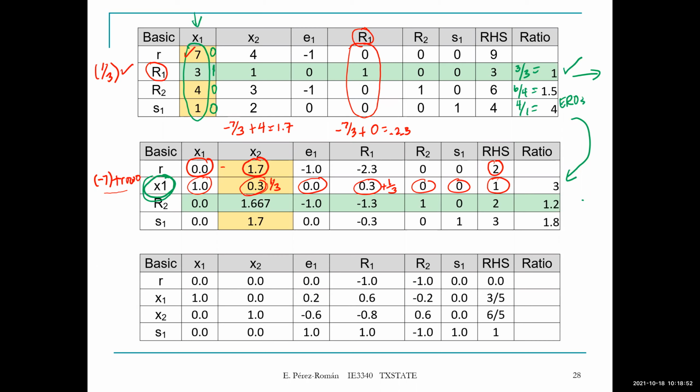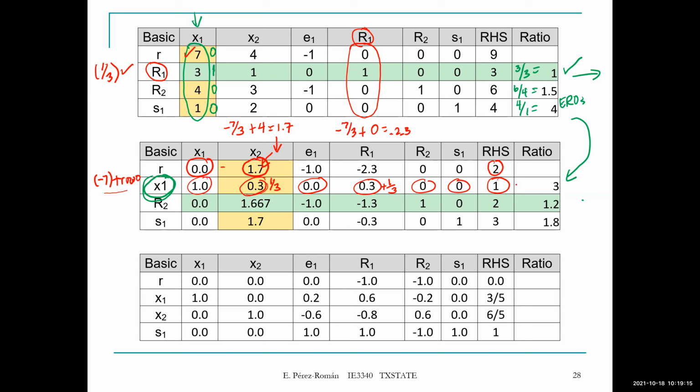So after completing this first iteration, we look again into row 0 and we find out that we are not done. We still have a positive coefficient in row 0, which is this one. So that means that our x2 is now entering the solution.